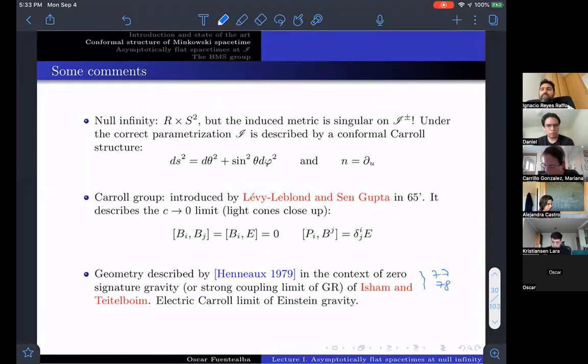They were worried about other problems, but Henneaux realized that the algebra of diffeomorphisms, in the case of zero signature gravity, is really related to the Carroll group. And Henneaux found the dynamics and the action principle associated to this geometry, with this singular metric and this normal vector.